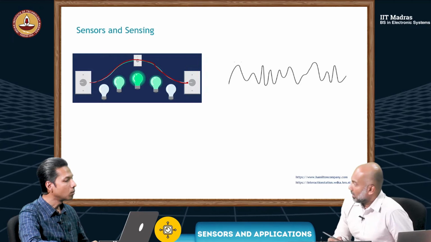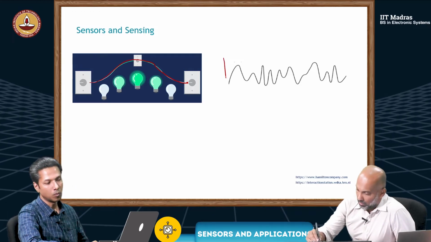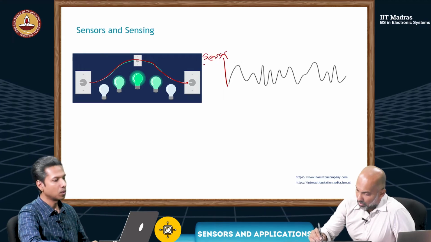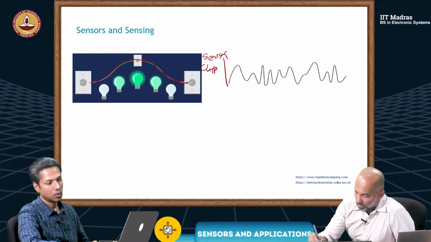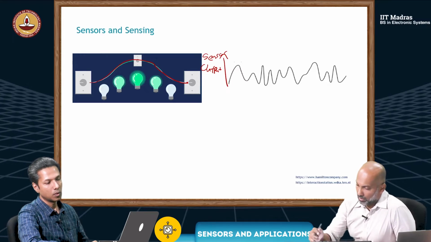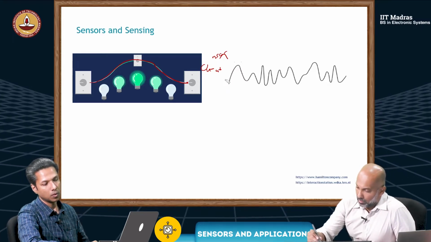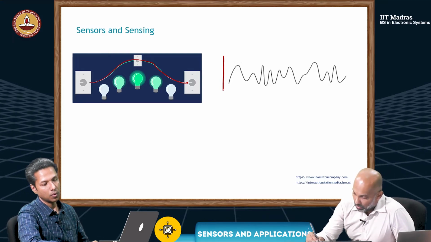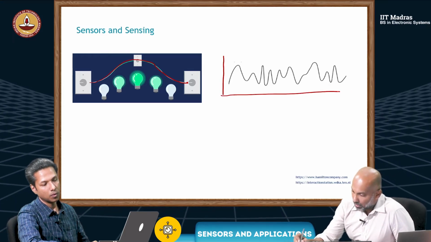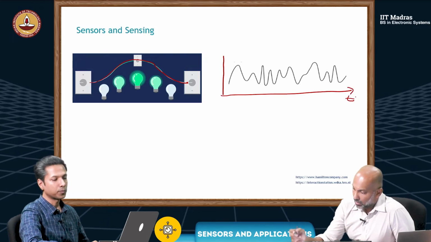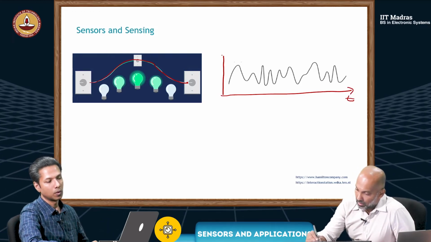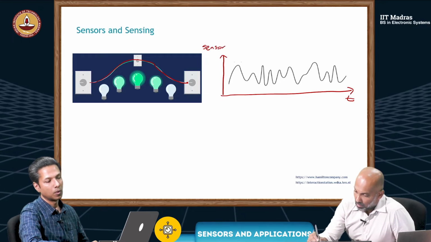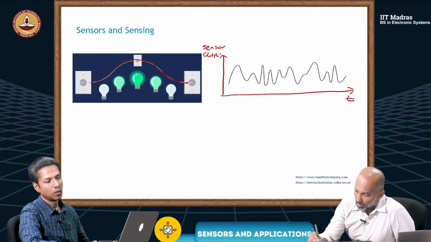Now, let's say this is your sensor output. Sorry, my handwriting is not very good. Let me do this again. Say you have something like this, and let's say this is time, and this is your sensor output.